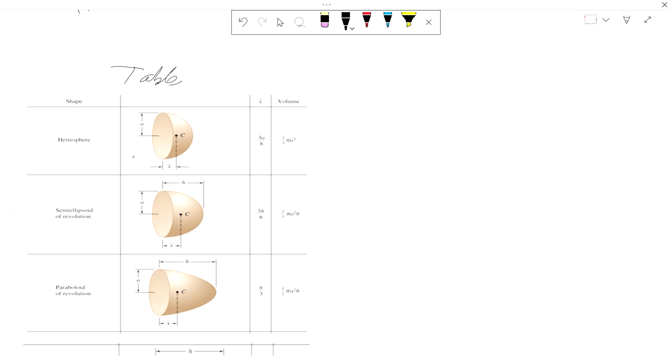Hemisphere: this is half of a sphere. The volume, in case this is too small, I'm going to write it down here, is 2/3 of pi r cubed, so radius to the third power. That is the volume.